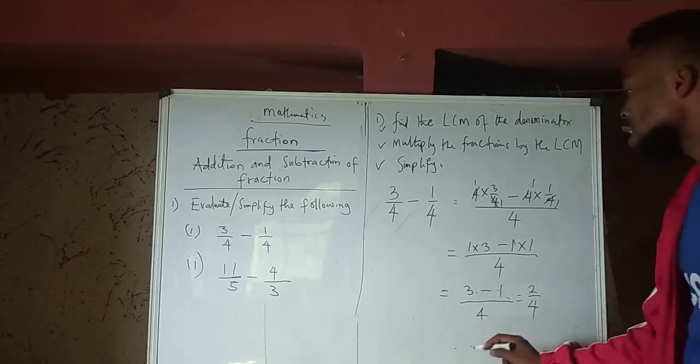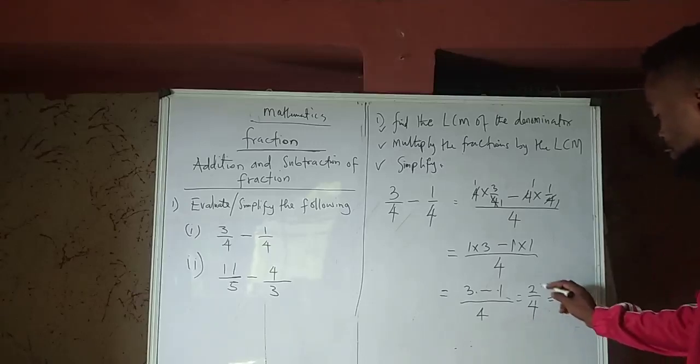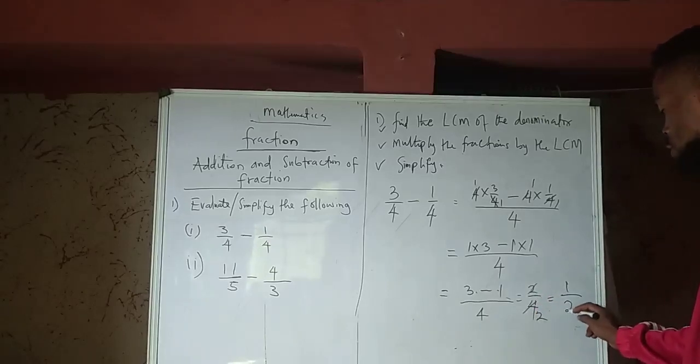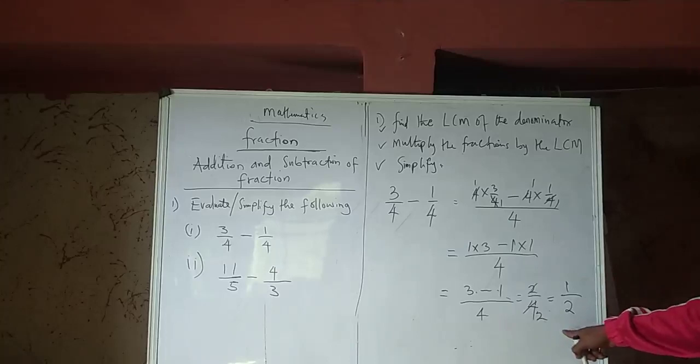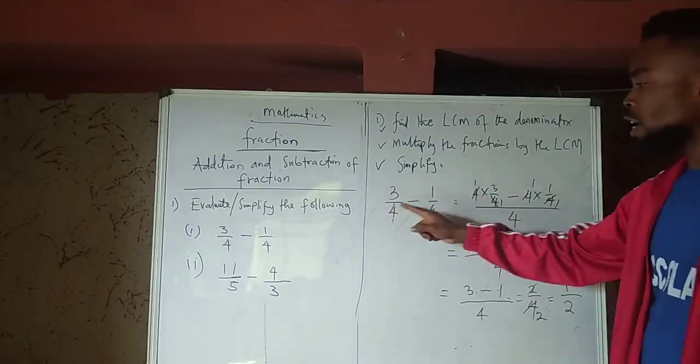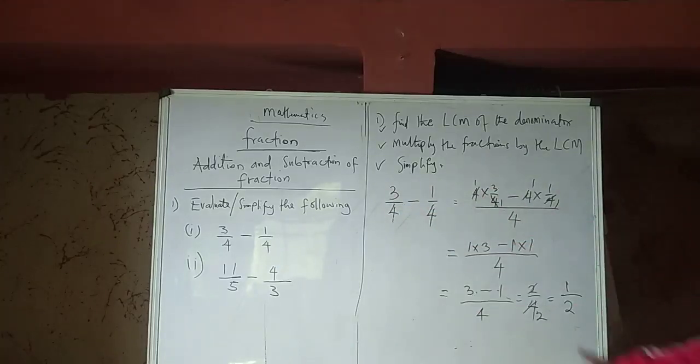So how do we do that? If 2 goes into 2, we get 1, and 2 goes into 4, we get 2. So this becomes 1 over 2. So we have succeeded in finding the difference between these two fractions. The answer is 1 over 2.